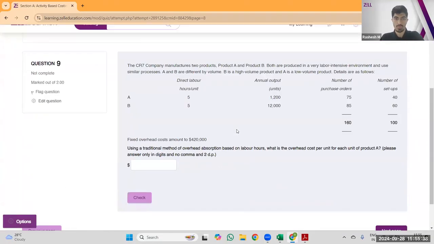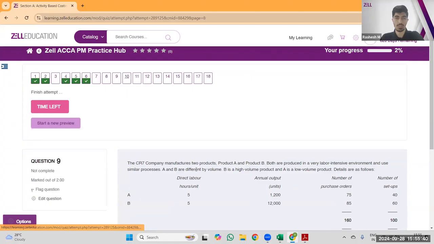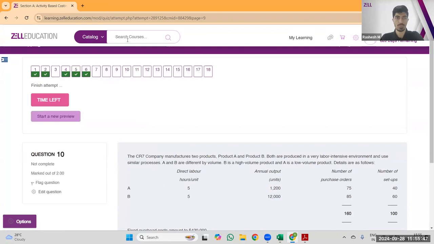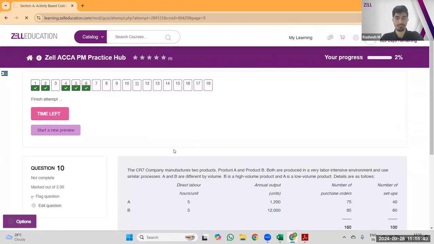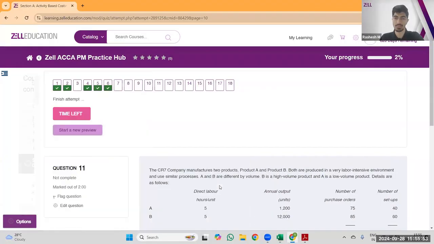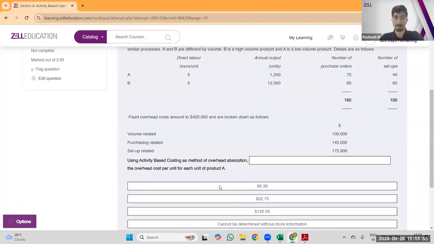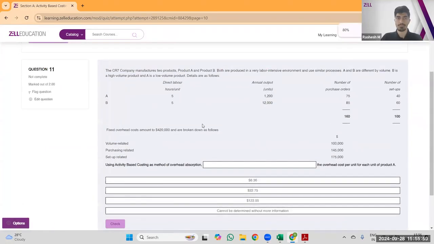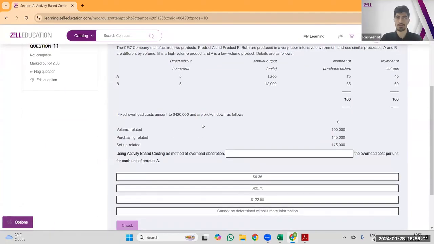This one is traditional. This one's asking you to use absorption costing, something you can all practice later on. All right, so let's do one last question. You all try it first, then I'll do it.